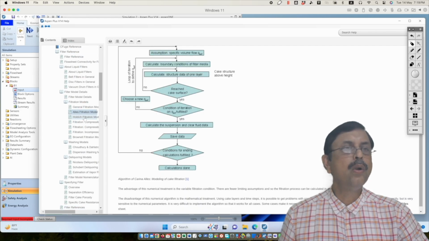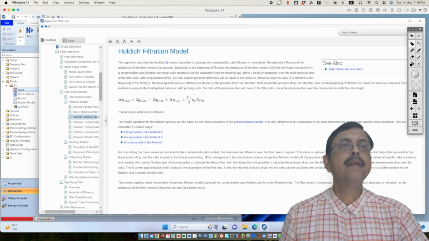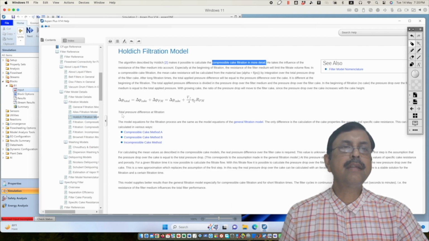And then the Holditch filtration model. The Holditch filtration model makes it possible to calculate compressible cake filtration in more detail. And this is the total pressure difference in the filtration. Here also we have the VF that needs to be calculated.